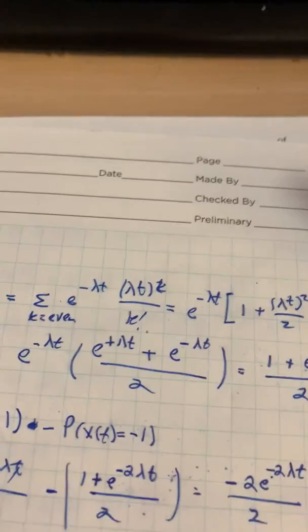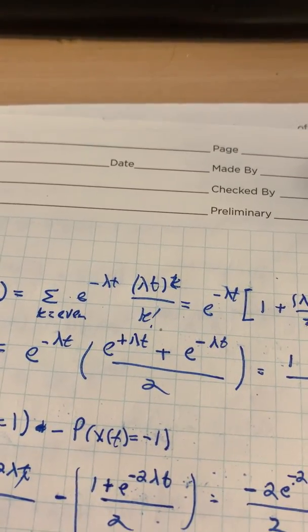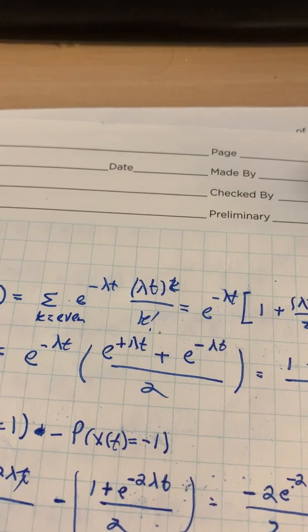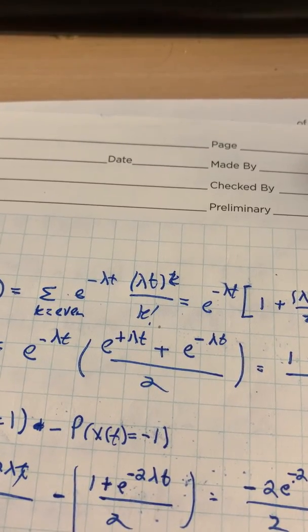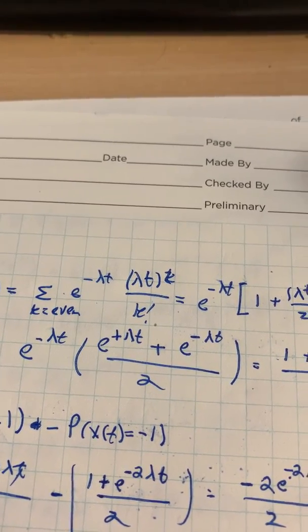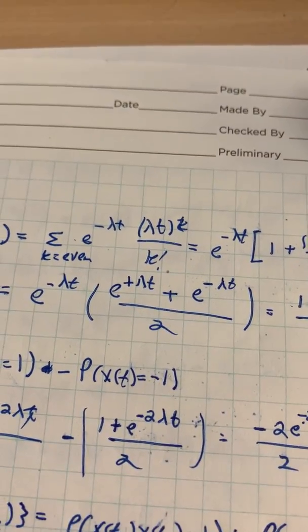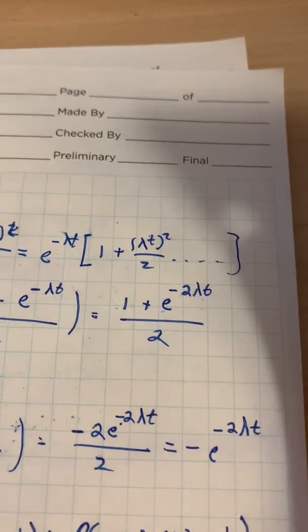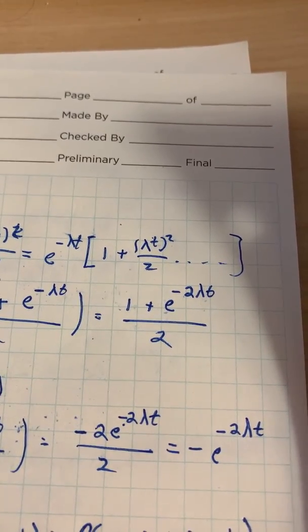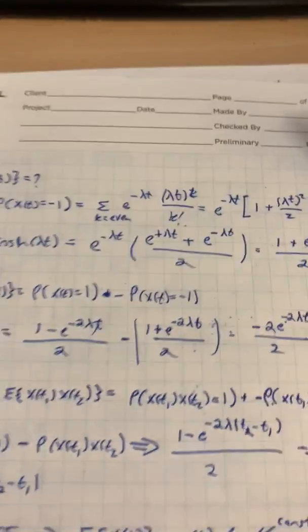So again, we substitute what the hyperbolic cosine is, and it's the same as sine except there's a plus. So if we multiply these out again, it cancels again into 1, except this one is plus e to the negative 2 lambda t, and this is all over 2 as well.